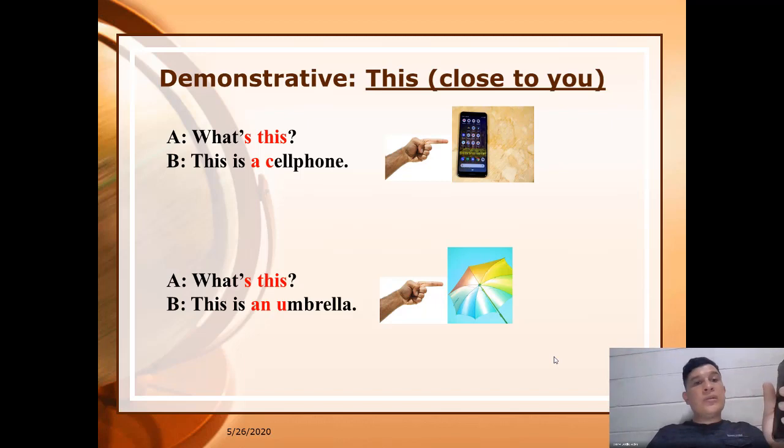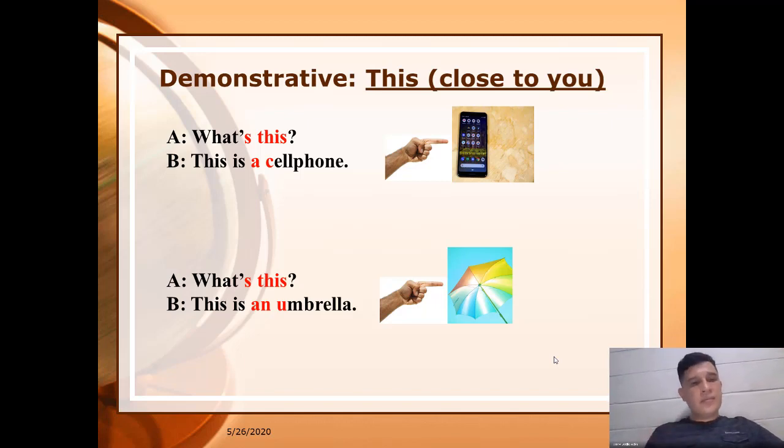And the answer is, this is a cell phone, right? Como ustedes ven, inicia con consonante, entonces utilizamos a, right? Next question. What's this? And same thing, right? So this is an umbrella.